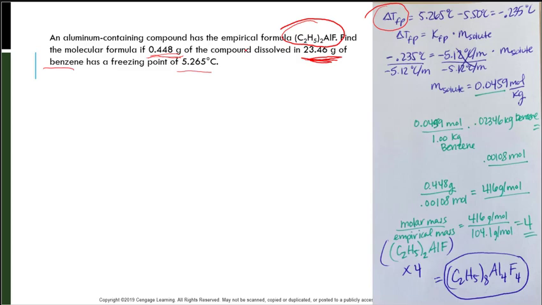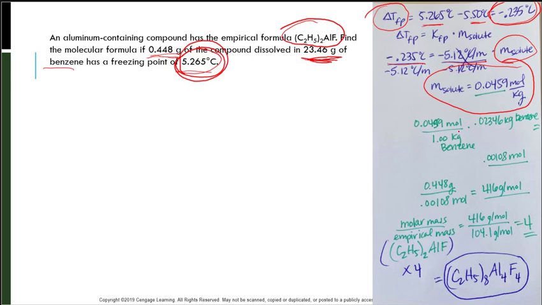I looked up benzene's freezing point, and we're going to subtract our freezing point given and its actual freezing point. So we have a freezing point depression of negative 0.235 degrees. And I looked up the freezing point constant, and we're going to divide both sides by that constant to get our molality.